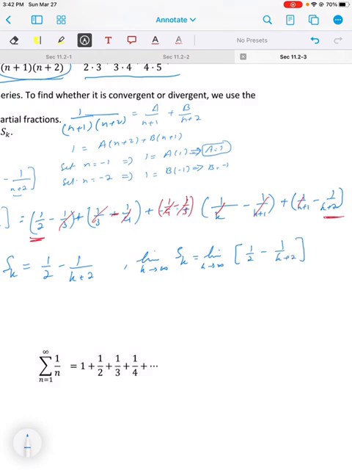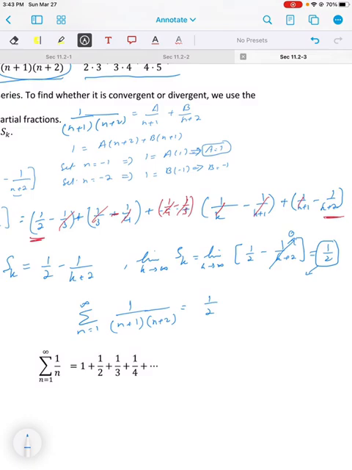The 1/2 will stay as it is, but the second quantity will go to 0, so we end up getting 1/2 as our answer. This is actually the value of the series. In other words, we say that the series, the sum from n equals 1 to infinity of 1 over n plus 1 times n plus 2, converges to 1/2.